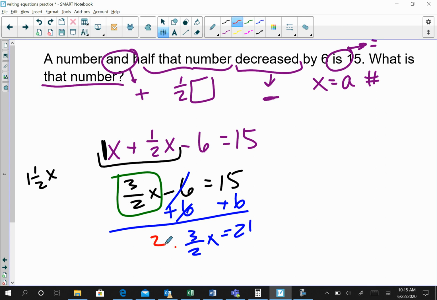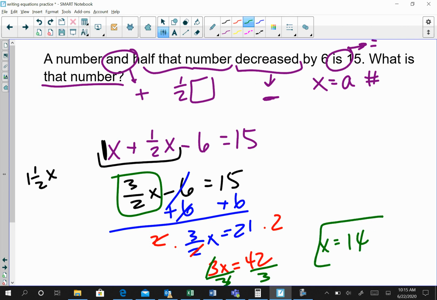To get rid of my denominator, I'm going to multiply because denominator means divide. So I have 3x equals 42. Now I'm going to divide by 3. X is 14. Good. Writing the equations, half the battle.